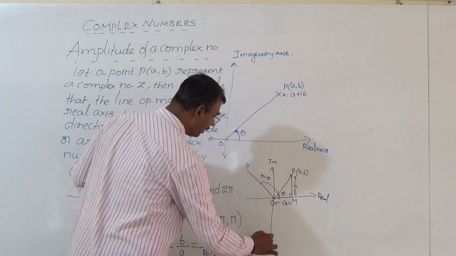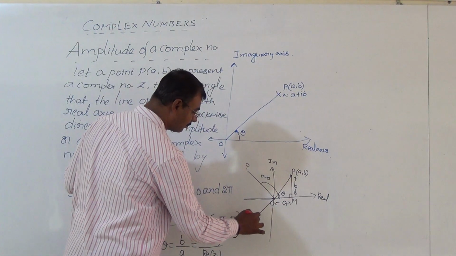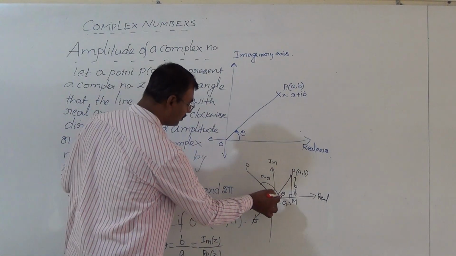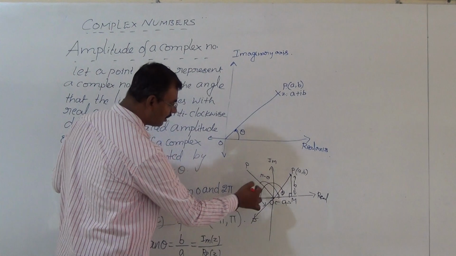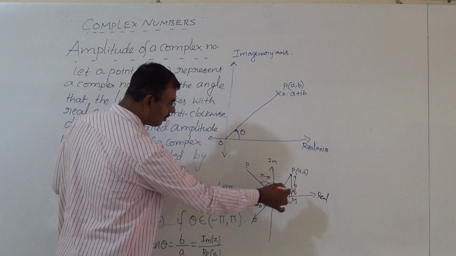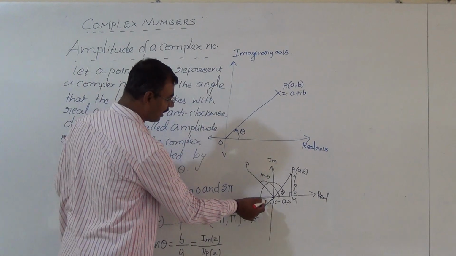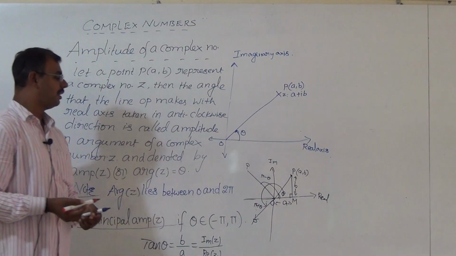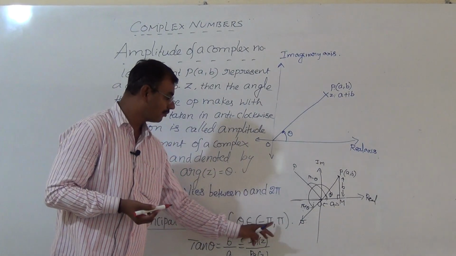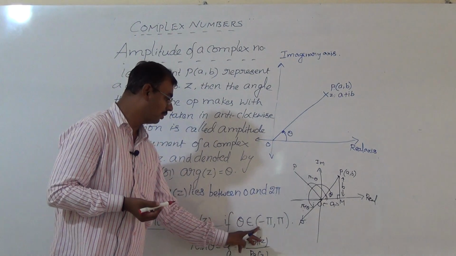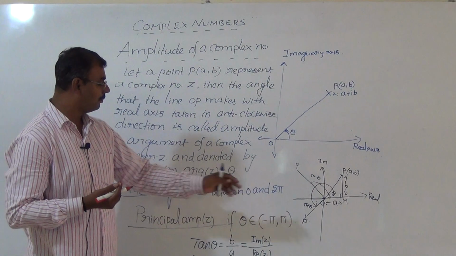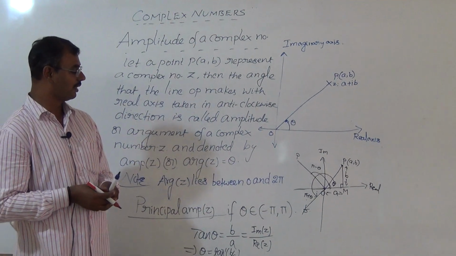Suppose the point P lies in the third quadrant. Calculate this angle. This angle is equal to pi plus theta, that is 180 on the real axis plus this angle theta. Does it lie in the principal interval? No. So how to bring this into the interval minus pi to pi?